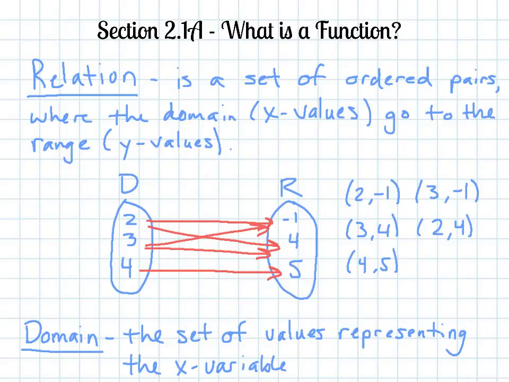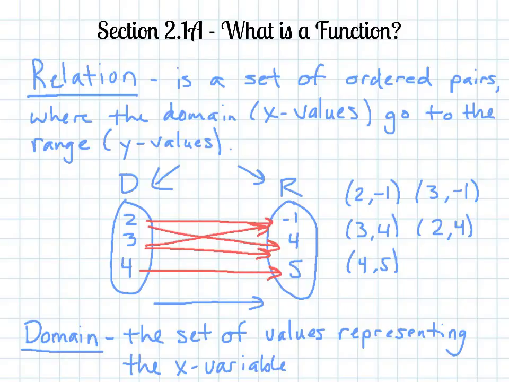Okay? So here I have a mapping of a relation where values from your domain, which is right here, go to the range. They're all going from left to right, okay? And they're all mapping to a certain number.